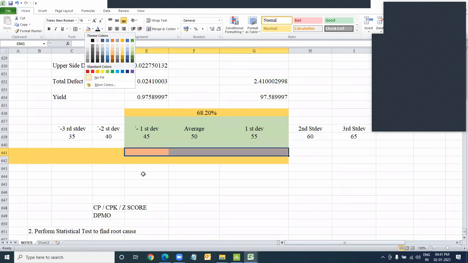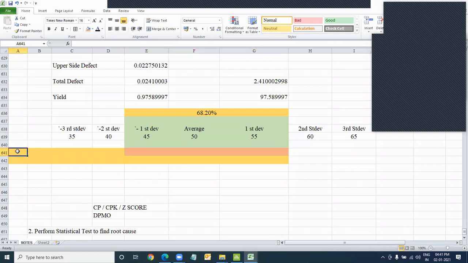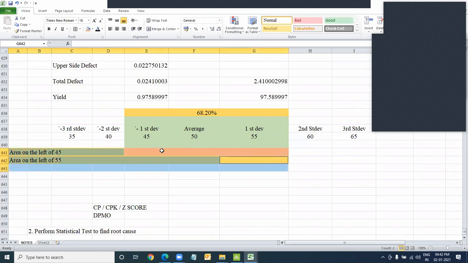So I want to find the area on the left of 45 and subtract it from the area on the left of 55. So subtract the smaller portion from the big portion, and I'll be left with only this remaining portion.